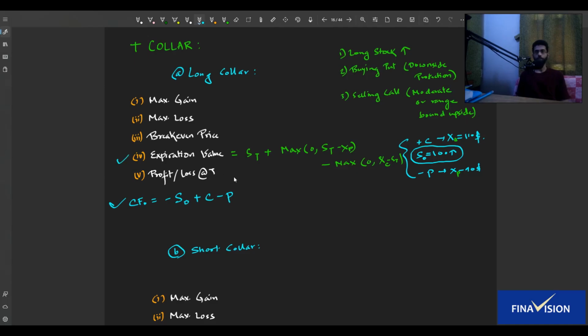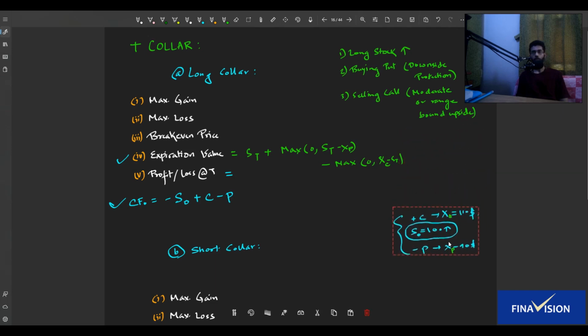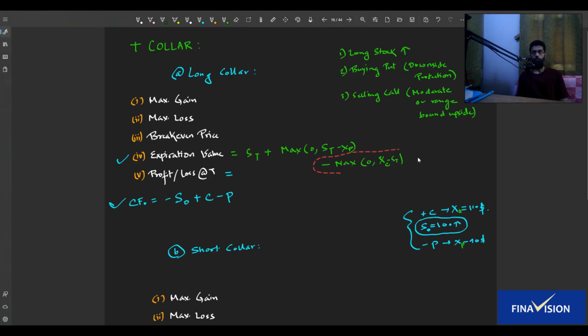So this is the initial cash outlay CF0 and the expiration value we have mentioned here. Now the question is, what is the profit or loss at T? This can be easily calculated, friends. Let me remove this example portion downward so that I have some space. Now the profit and loss is nothing but CF0 and CFT, cash flow at time T. CF0 is minus S0 plus C minus P, and cash flow at time T is the expiration value.